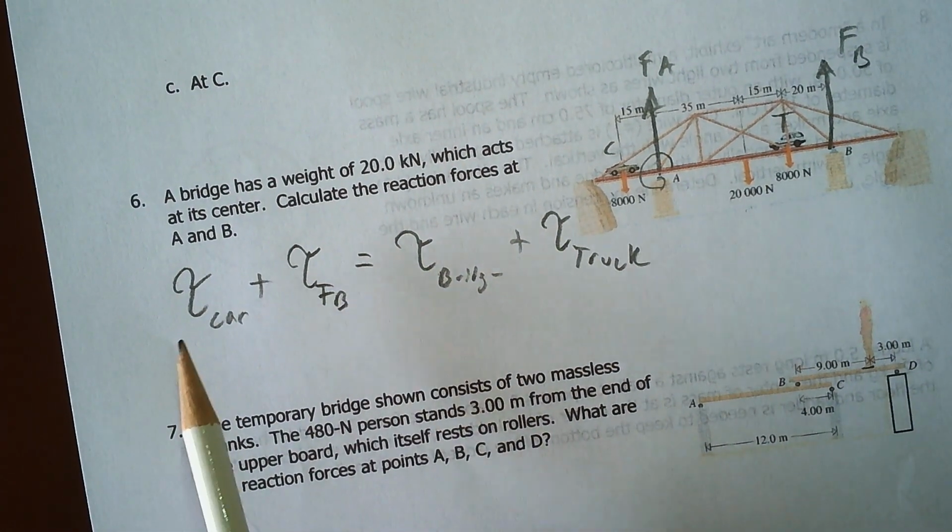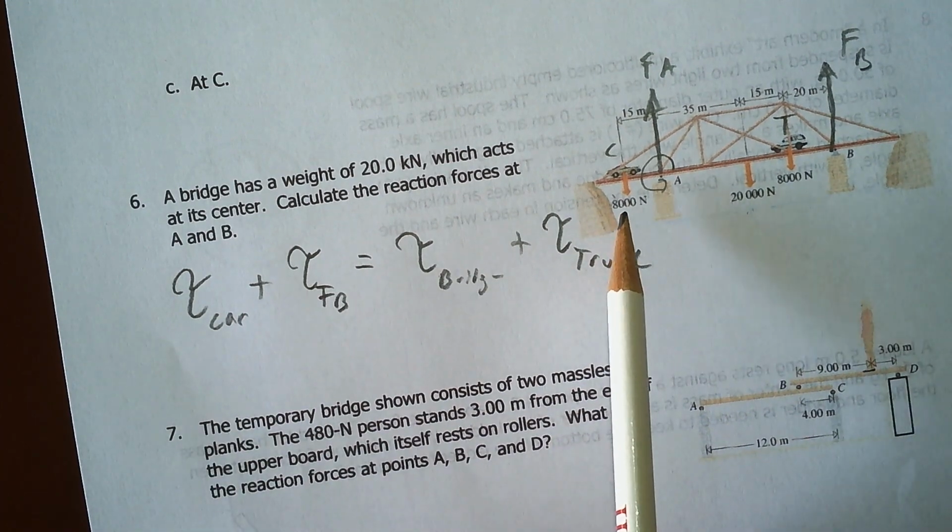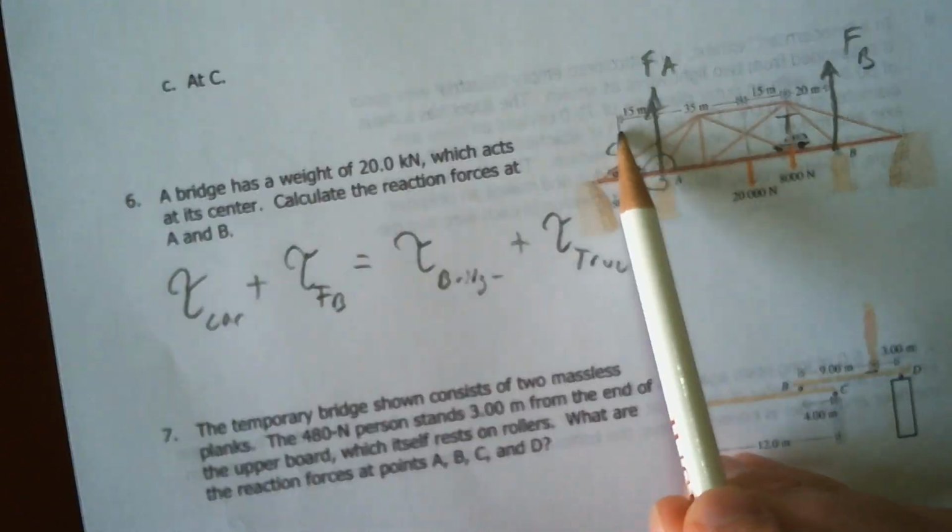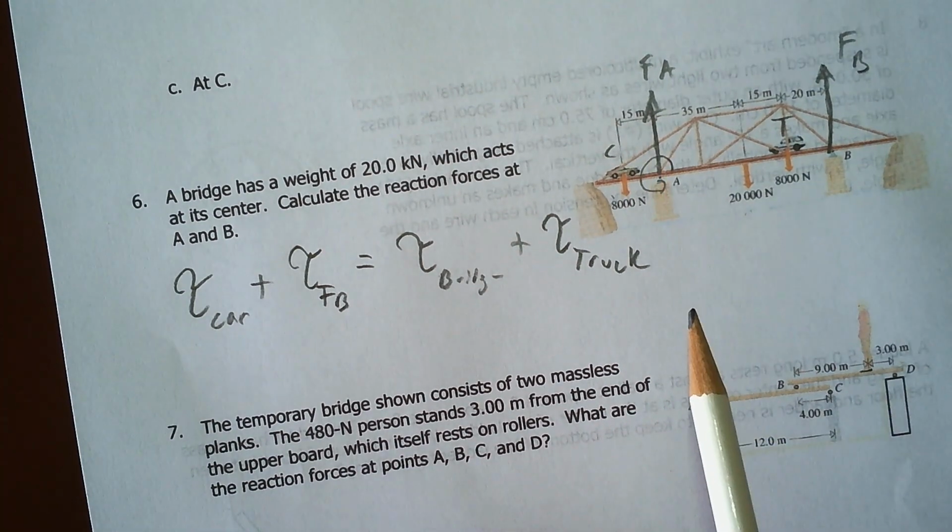Okay, so the car, it would be 8,000 times the distance away, which it looks like it's 15 times the sine of 90.